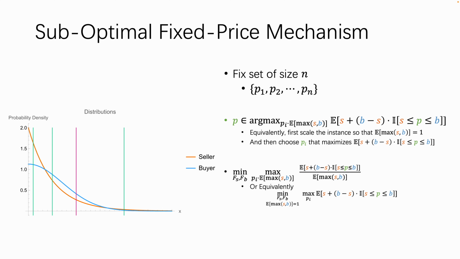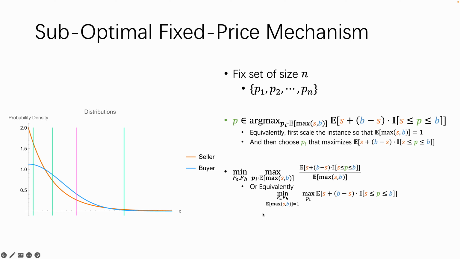So similarly, we could see that the approximation ratio for this mechanism is this term. So it just takes the maximum over all possible n candidates. If we think of this mechanism in the second way, that is we first scale the instance so that the optimal welfare is 1, then we can get an equivalent term for the approximation ratio.